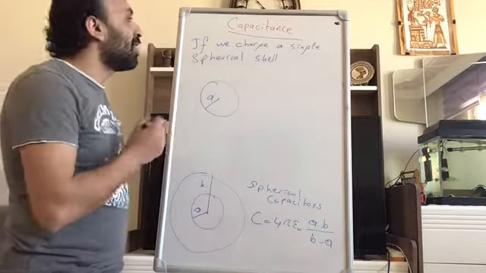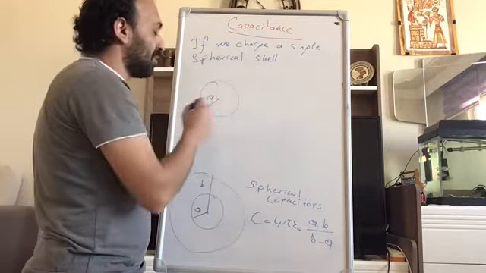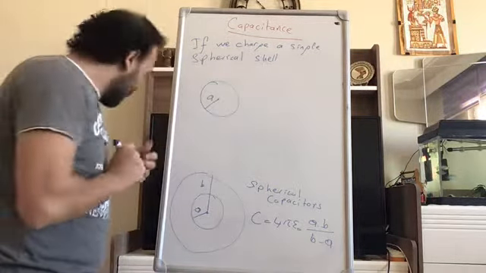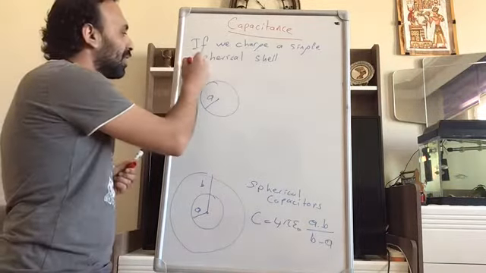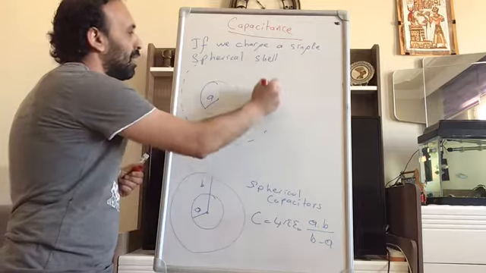Actually, if we have an isolated spherical shell, it means the second shell, whose radius is B, is at infinity. Okay.